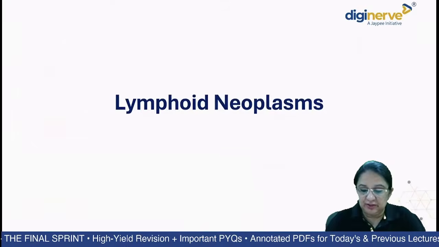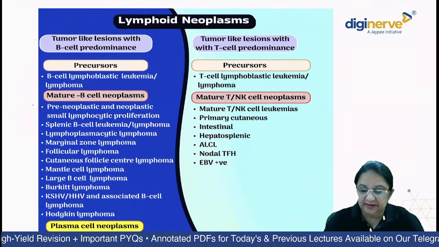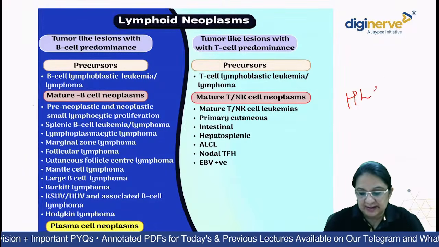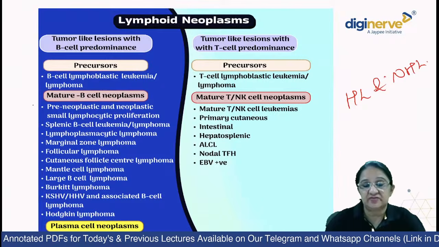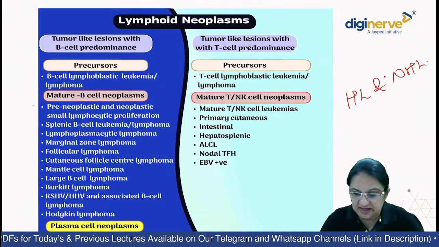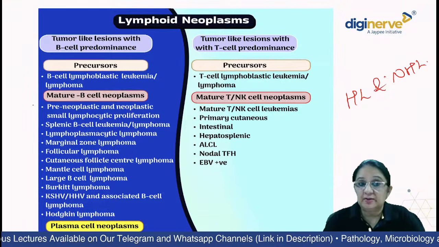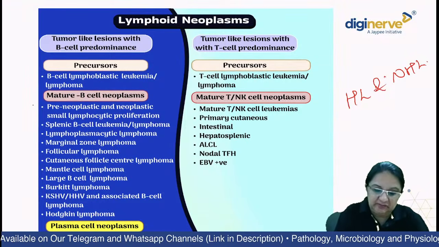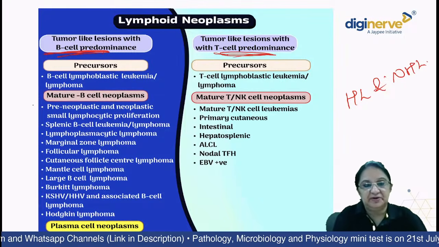Now, coming to lymphoid neoplasm, initially they were divided into Hodgkin's and non-Hodgkin, right? But this classification has been revised. As per the revised WHO classification, the lymphoid neoplasms are basically with B cell predominance or T cell predominance.